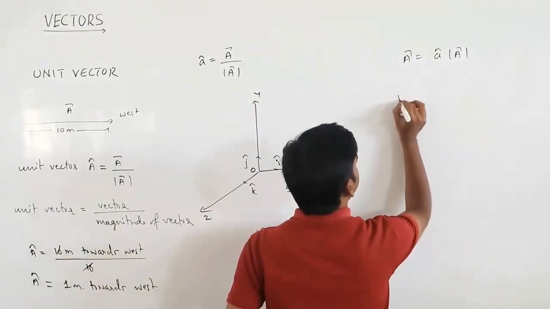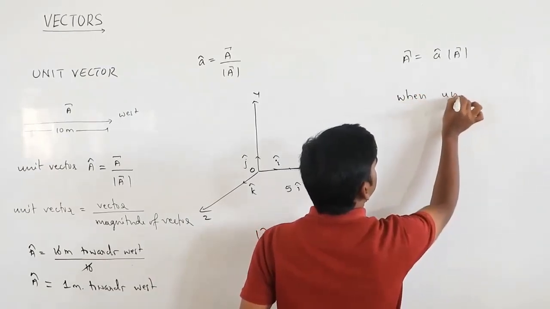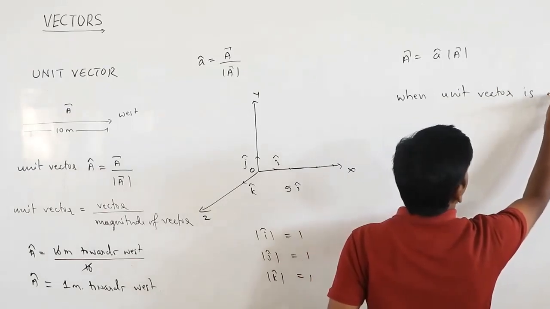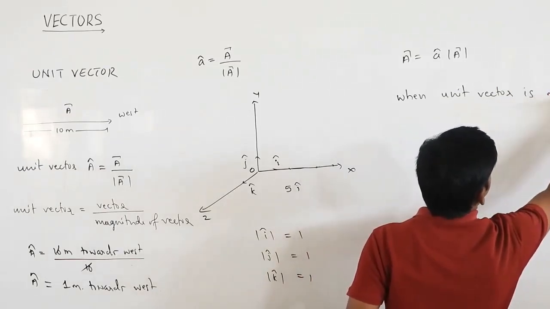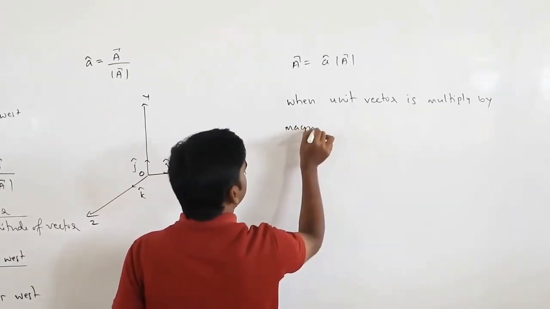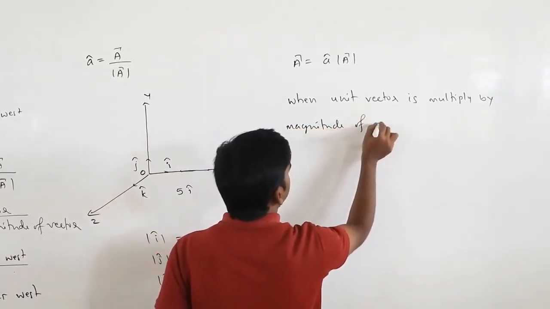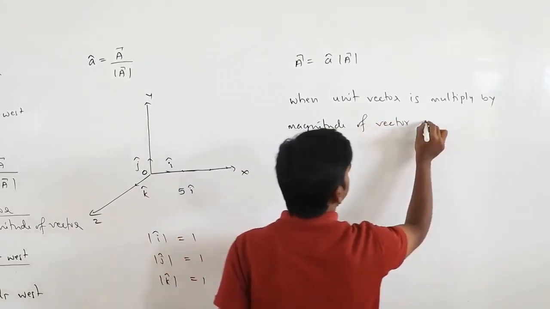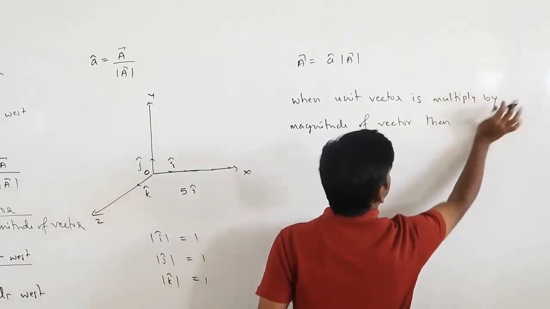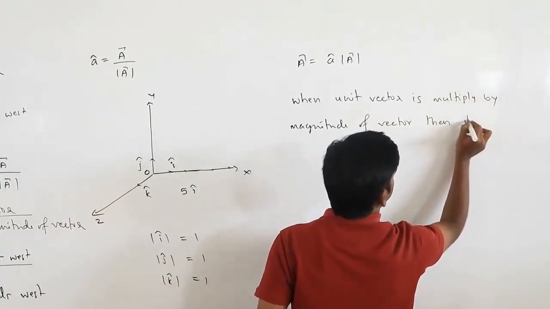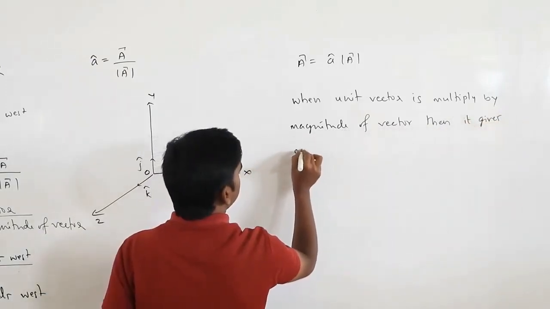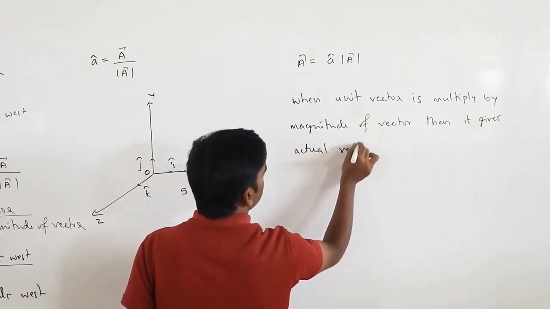Okay, so when a unit vector is multiplied by the magnitude of the vector, then it gives the actual vector.